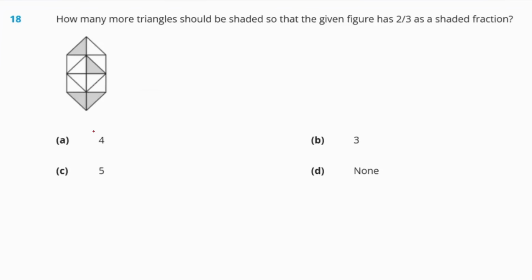Next question. How many more triangles should be shaded so that the given figure has 2 by 3 as the shaded fraction? So here we have to get 2 by 3 as the shaded fraction. Here already 4 are shaded out of 12 triangles.